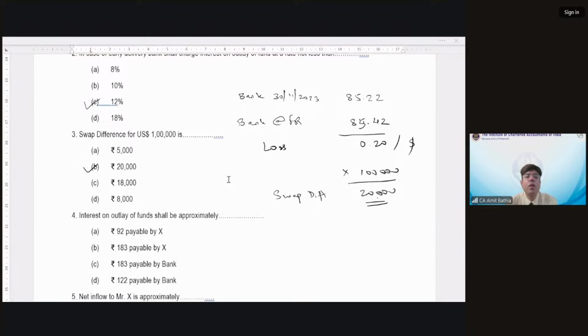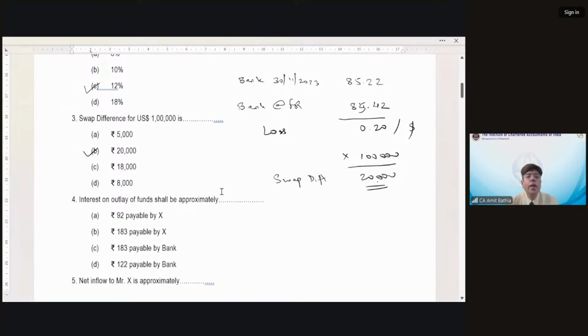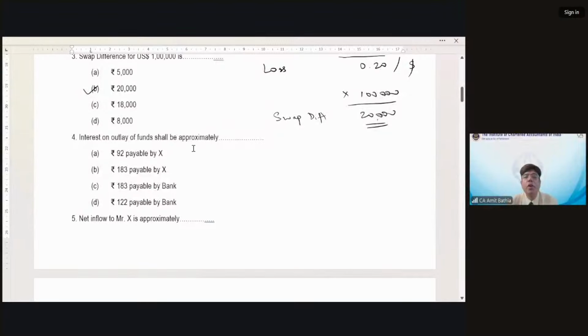Okay. Next is interest on outlay of funds shall be approximately rupees 92 payable by X, rupees 183 payable by X, rupees 183 payable by bank, or rupees 122 payable by bank. So we will need to calculate over here interest on outlay of funds. How do I go about calculating that?